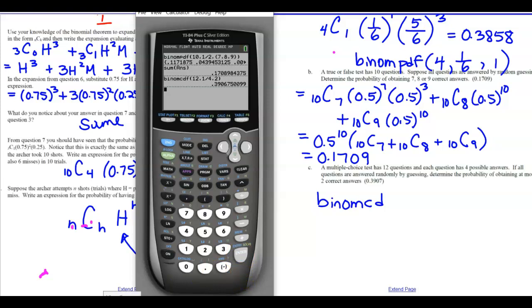Okay, so here, this is 12, 4, 2. So that's going to be the same as binomial CDF.